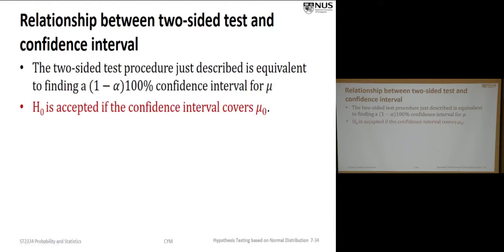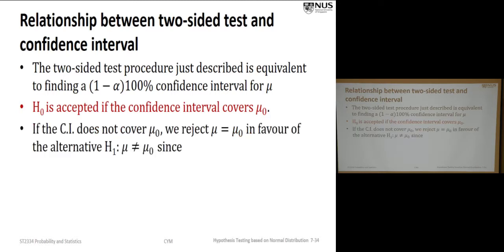The basic point is, if you construct a confidence interval for, let's say, mu, and this confidence interval covers the value of mu under the null hypothesis, where mu naught is the value mentioned in the null hypothesis, then it's equivalent to saying that we do not reject the null hypothesis.